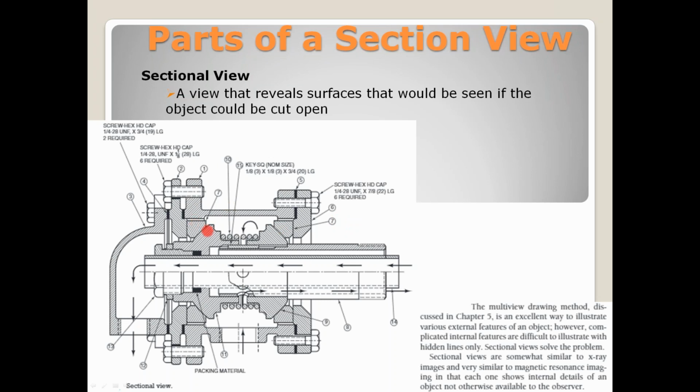Sectional views are somewhat similar to an X-ray image, or some kind of ultrasound, where you can see through the object. Now you can see with all this section how you cut the whole object to see the sectional of the object.